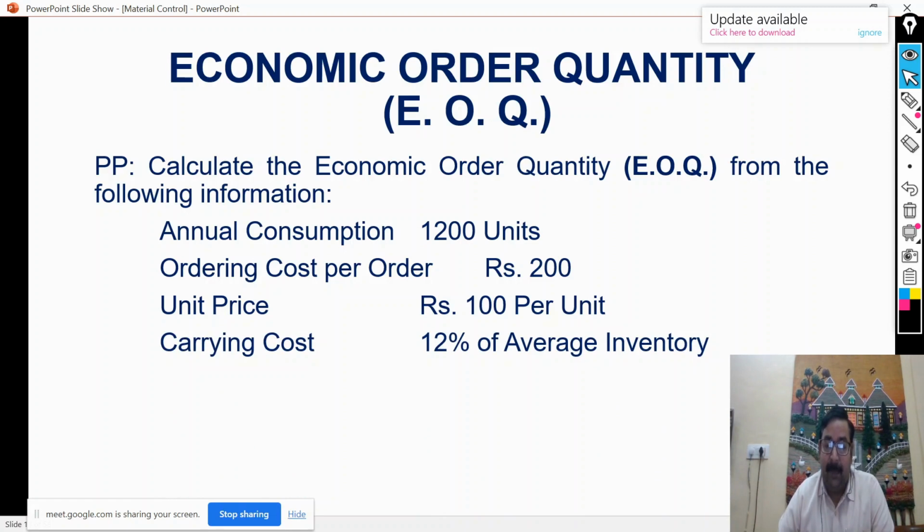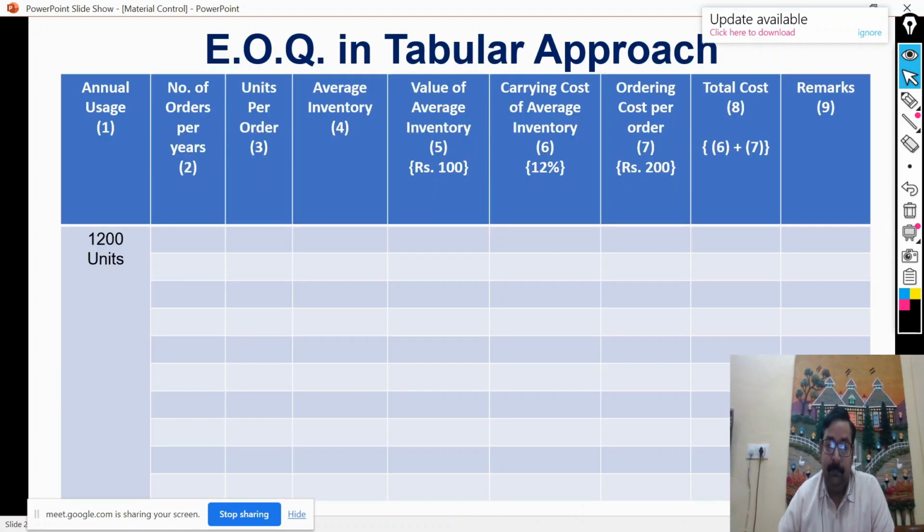Carrying cost 12% of average inventory. There are three approaches to determine economic order quantity: first is the tabular approach, second the arithmetical approach, and third the graphical approach. We discuss one by one.